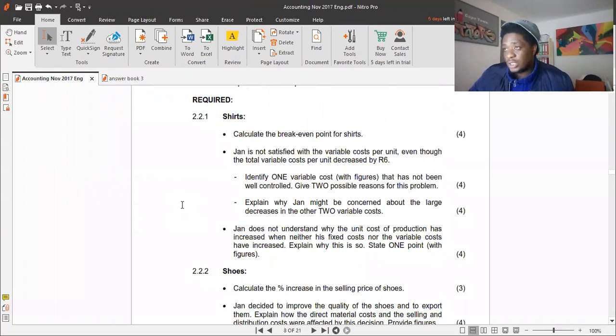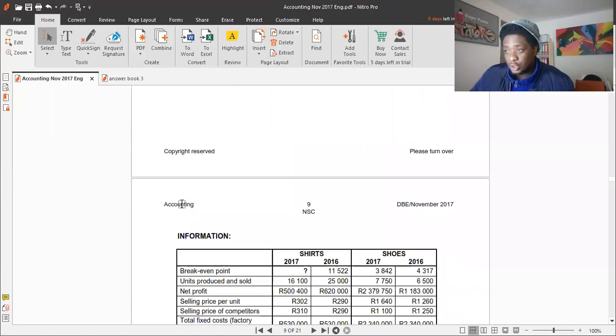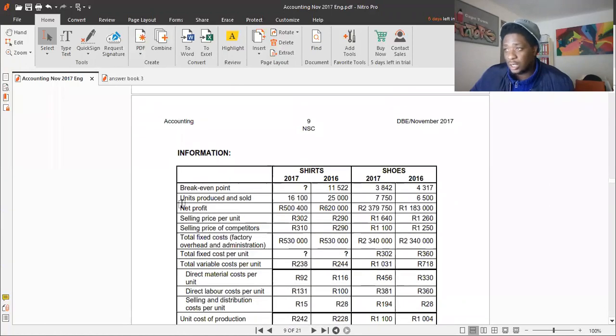The next question says, Jan is not satisfied with the variable cost per unit, even though total variable cost per unit decreased by 6 Rand. The first question says, identify one variable cost with figures that has not been well controlled. Give two possible reasons for this problem. Let us look at the variable costs for shirts.